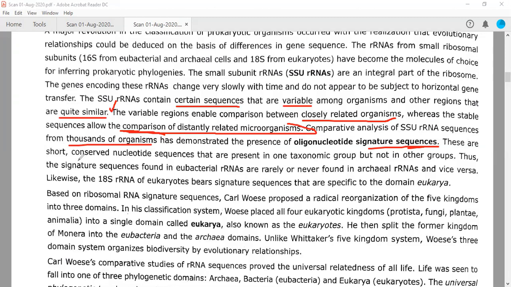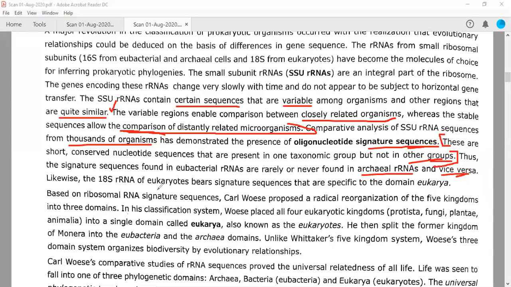These are short, conserved nucleotide sequences that are present in one taxonomic group but not in the other groups. Because they are present in one group but not in others, we are able to classify the organisms. Thus, the signature sequences found in eubacterial rRNA are rarely or never found in the archaeal rRNA, or this can happen vice versa.